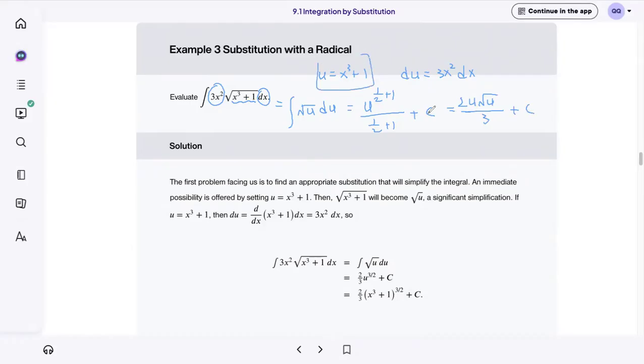Then we substitute the u value back to get back to x: 2 times (x cubed plus 1) square root of x cubed plus 1, divided by 3, then plus c. In the beginning, maybe you have difficulty thinking which part in the integral should be u, but you do better and better once you practice.